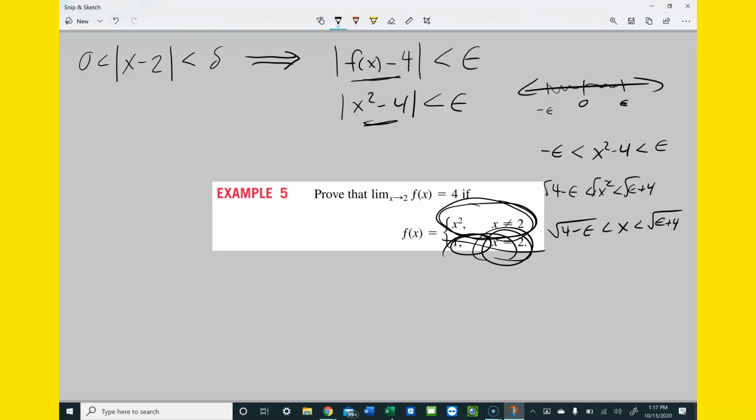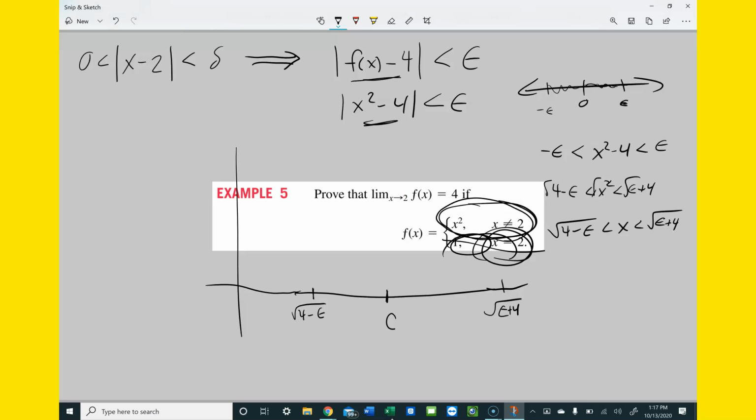So that means I have this wherever c is on the x-axis. Wherever c is, I now have an interval. I have the square root of 4 minus epsilon, and I have the square root of epsilon plus 4.